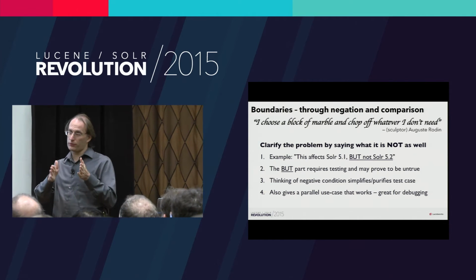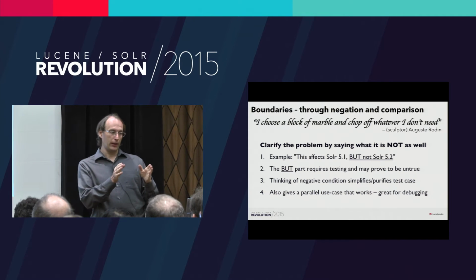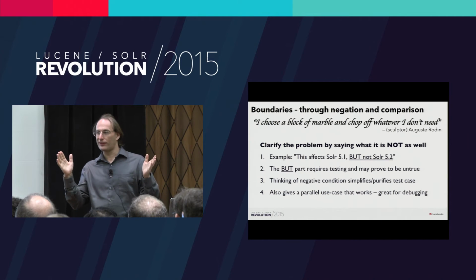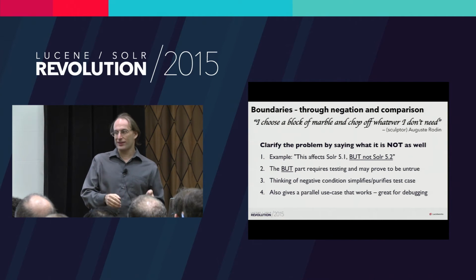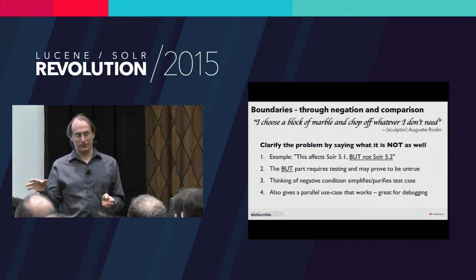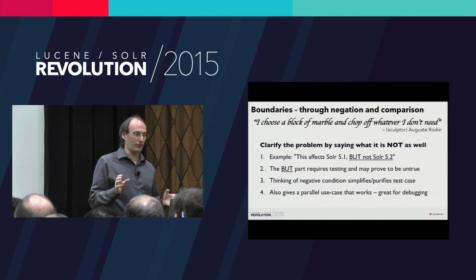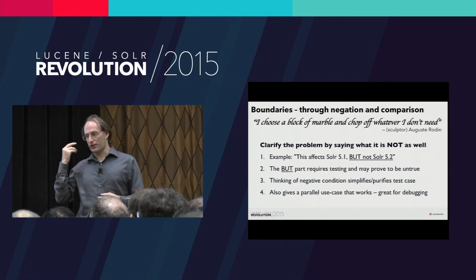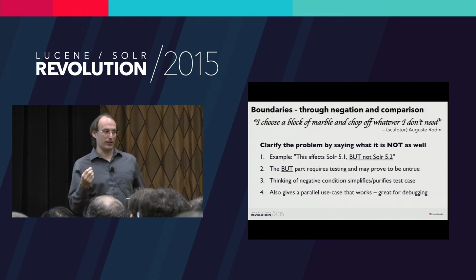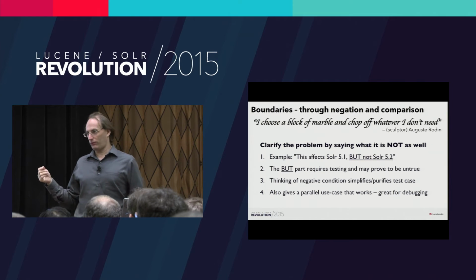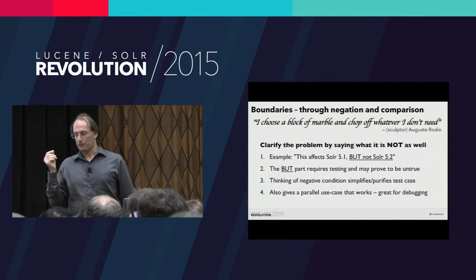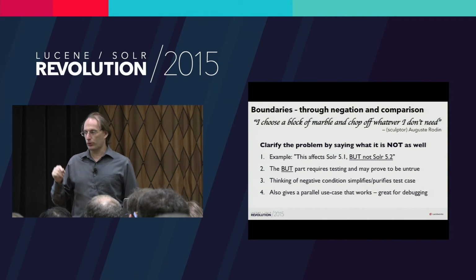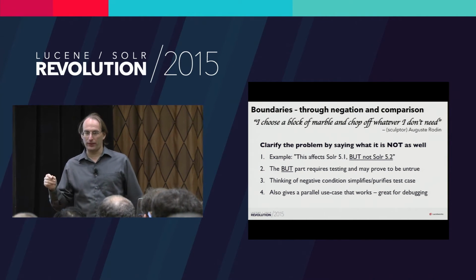Now, the thing about the boundaries: you identify them. You don't just say, here's what happens. What you want to say is, here's the boundary that divides two things: what your problem is and what your problem is not, right? It's a definition of a boundary, but I think it's worth talking about because in my own mental process, whenever I make a statement, I will say, this problem affects Solr 5.3.1, right? My mind immediately goes, well, is it truly affecting only 5.3.1?